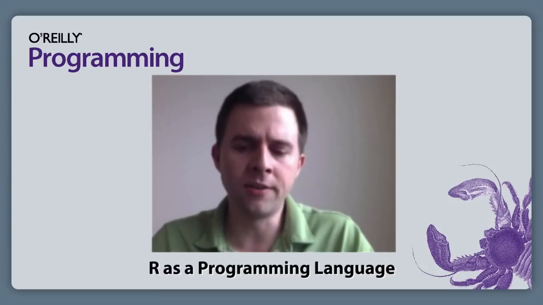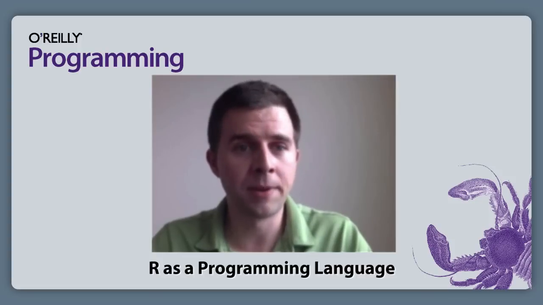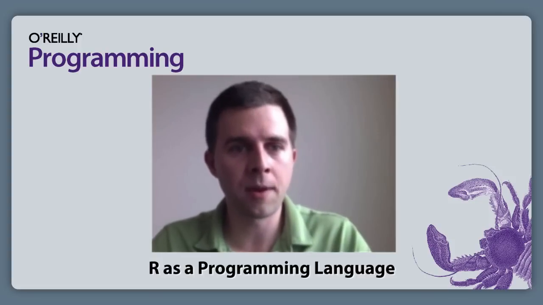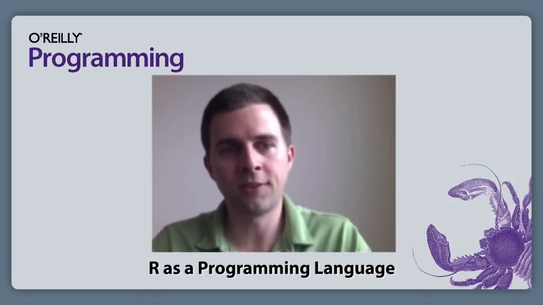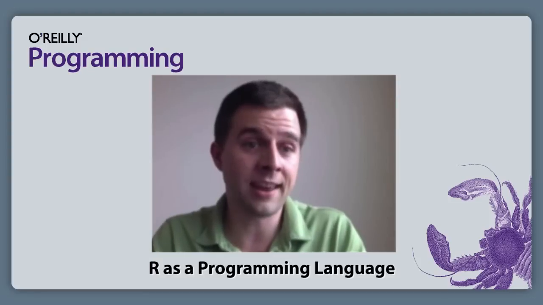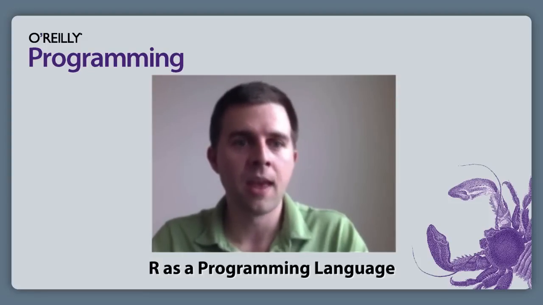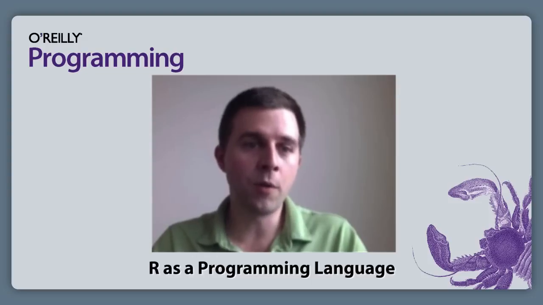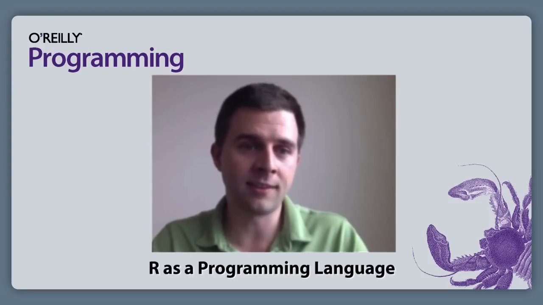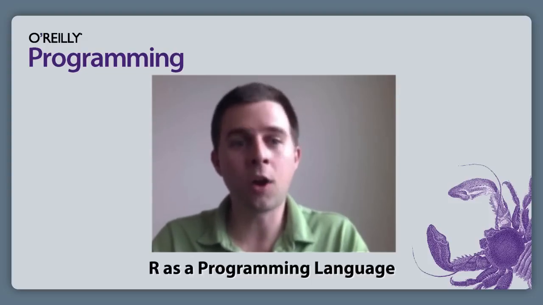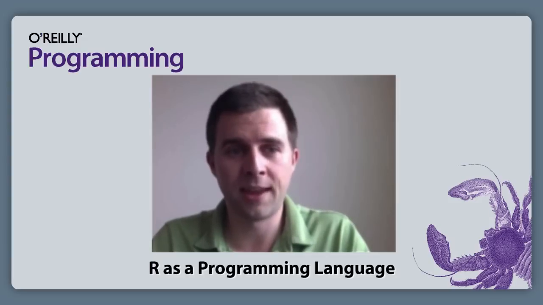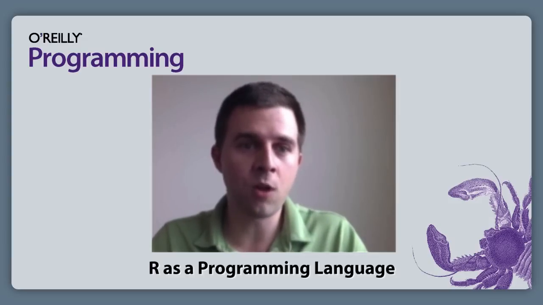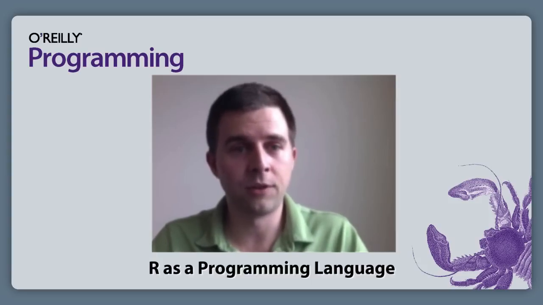And then R is what we call a vectorized programming language, or it handles array programming. So most R functions don't take just a number, but they can handle a whole vector of numbers. And then they can return a vector of numbers as well. And that sounds fairly simple, but when you pair that with data analysis and what you do with data, you're almost always working with a collection of numbers, be that the distribution of a variable, where all of the values will be stored as a vector, or one observation of different measurements.